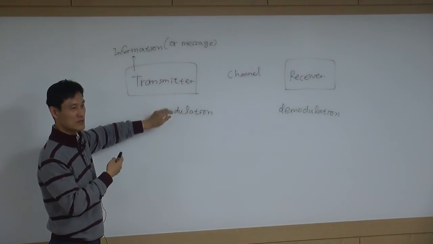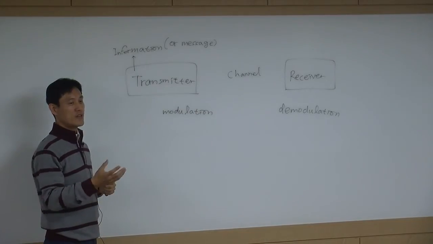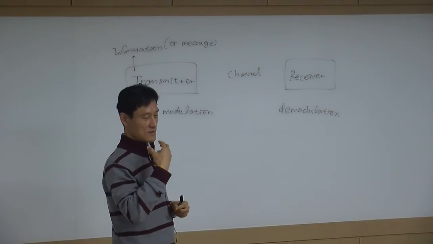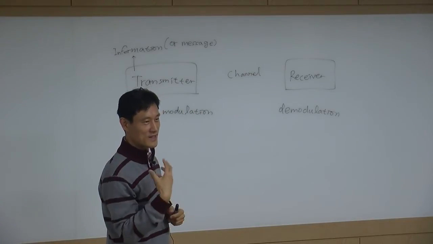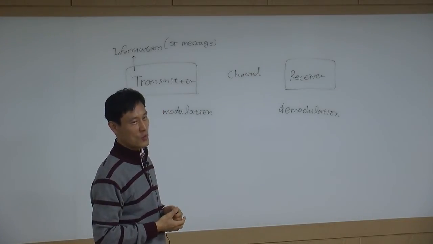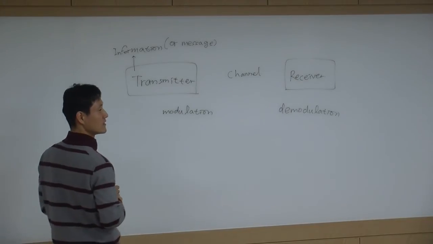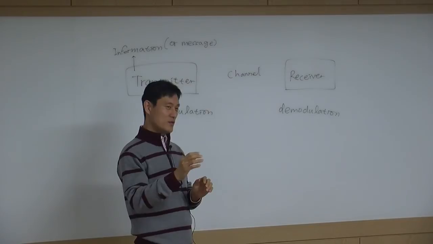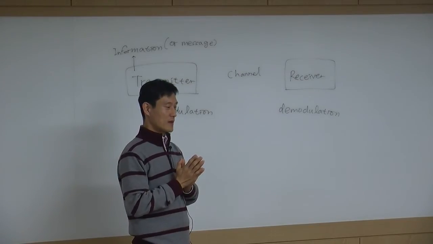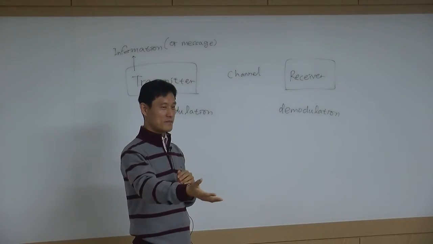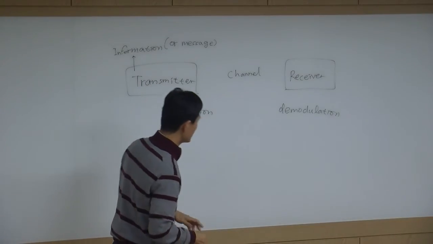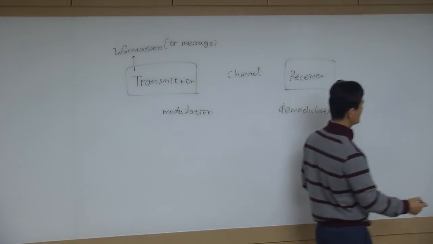Why do you do modulation? Why do you need FM? Why not just send a message like this without modulation? The main reason is this. Think about FM. You have FM radio, right? How does FM radio work?